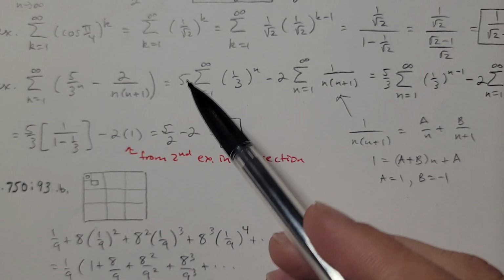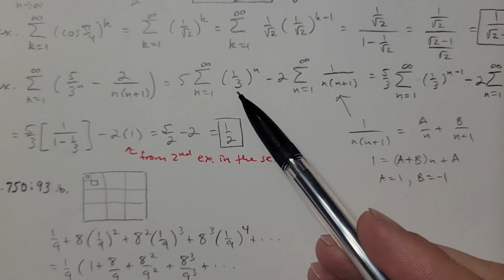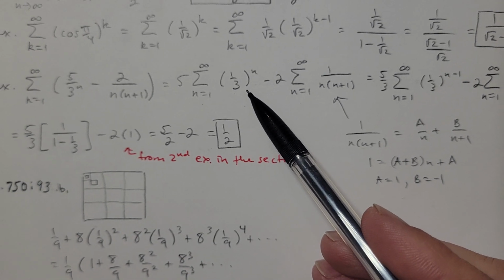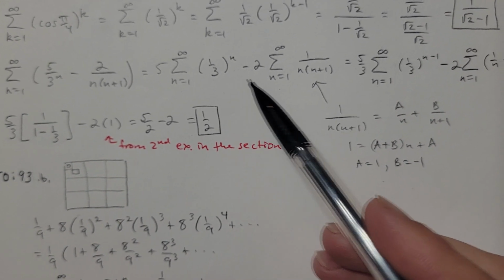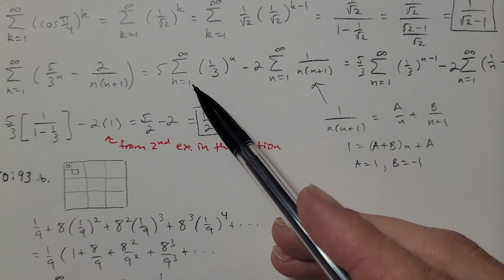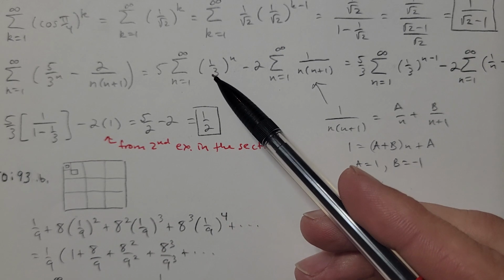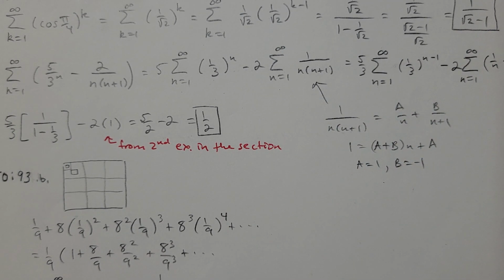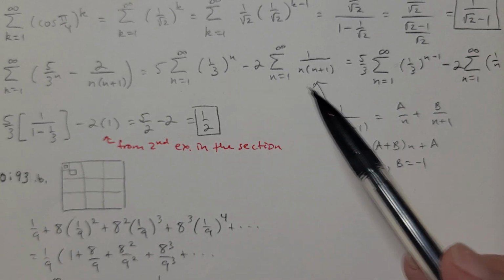The first series is going to be a geometric series that will converge because 1/3 is less than 1. Now I need to make sure I'm in geometric form before I use the formula. I'm starting at 1, and the sequence part needs to be in the form a times r to the n minus 1. I'm not in that form yet.